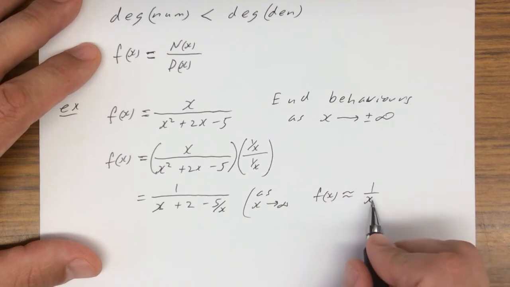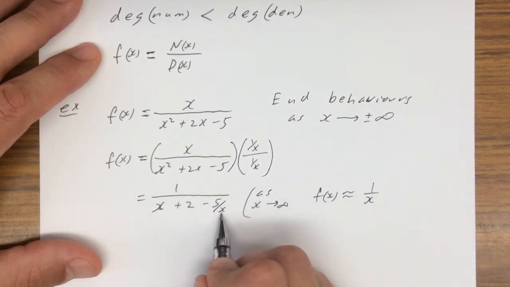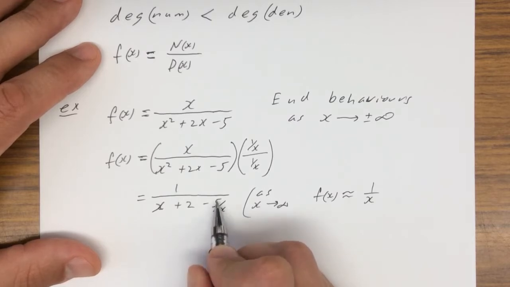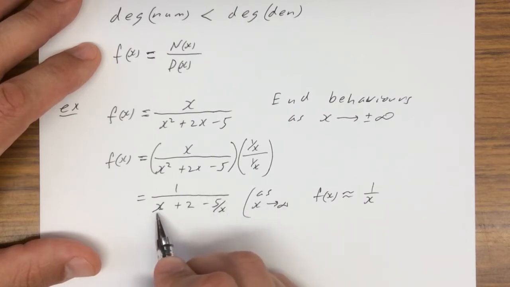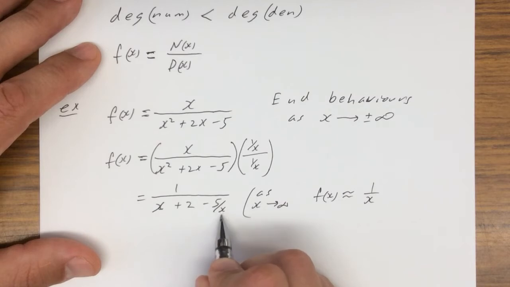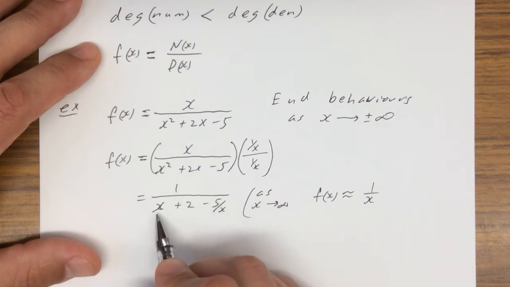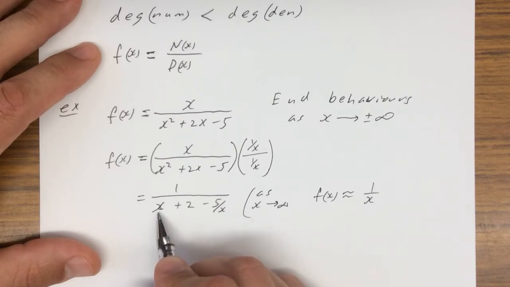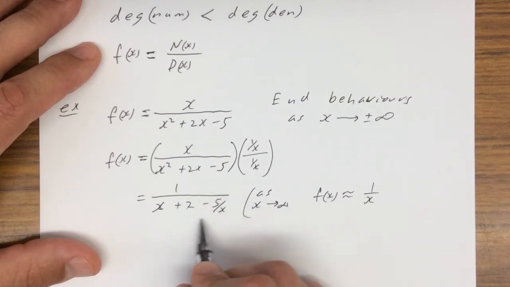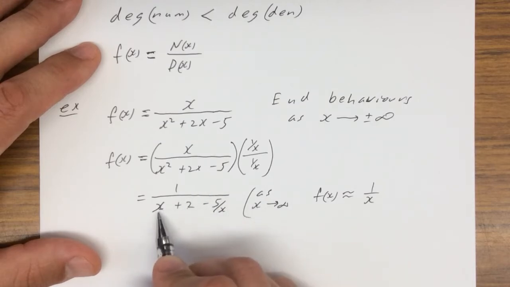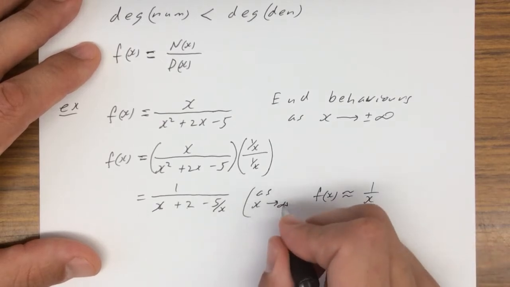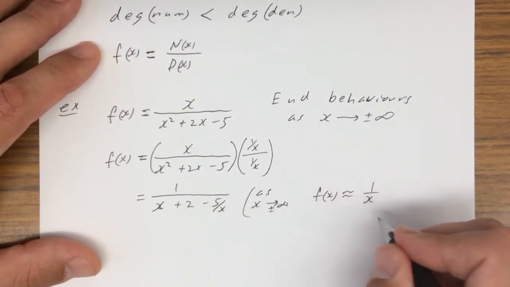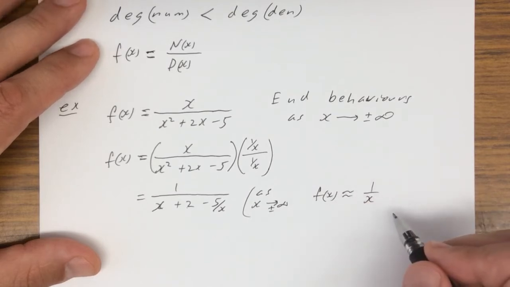Because 5 over a really large number is pretty much 0. 5 over a billion is close enough to 0 that it becomes negligible compared to a billion. So a billion minus 5 over a billion is basically a billion, and a billion plus 2 is really close to a billion. So these two pieces are negligible when x goes to infinity or negative infinity. So as x goes to plus or minus infinity, f of x is approximately 1 over x.